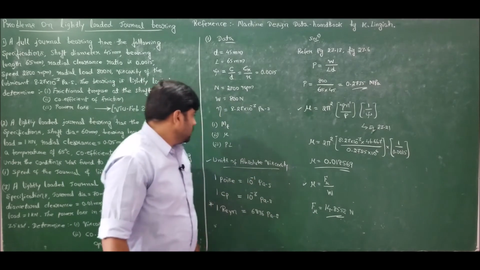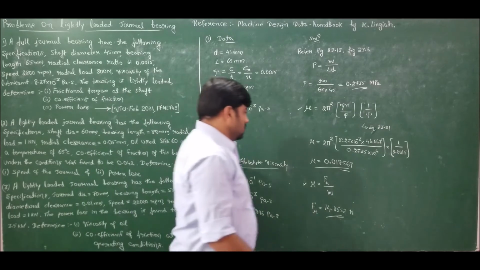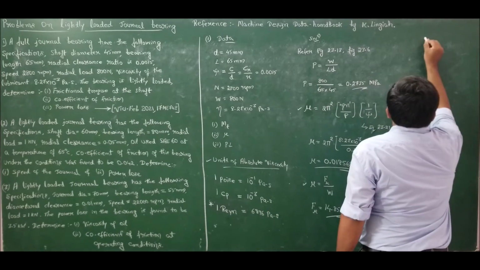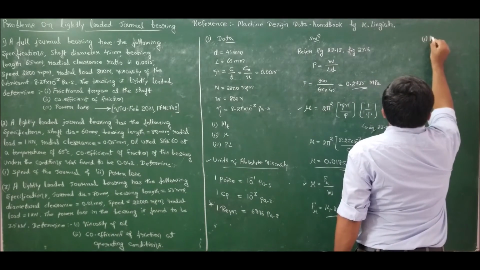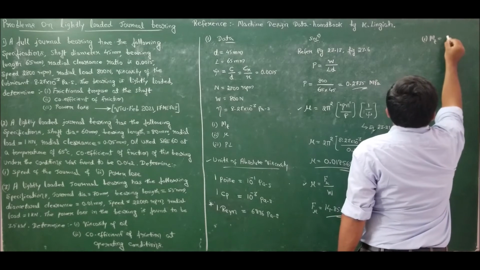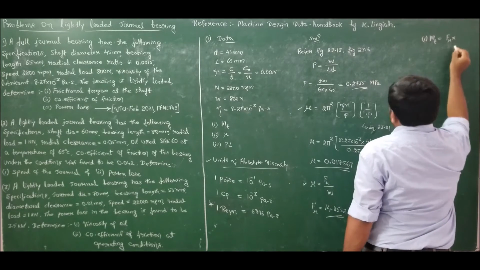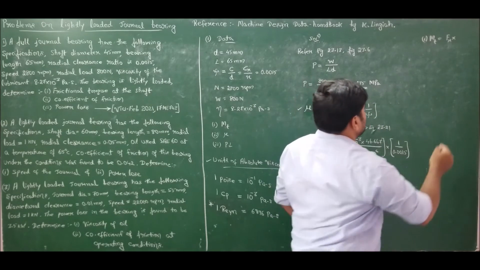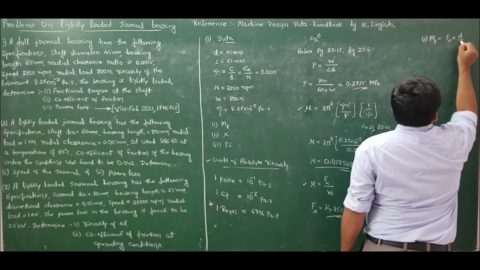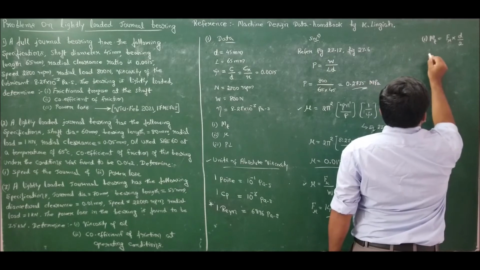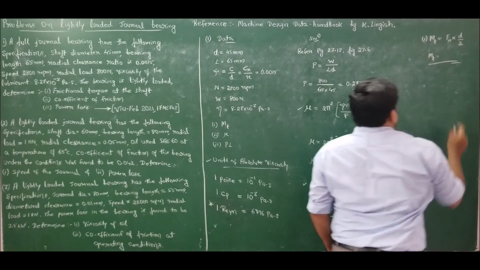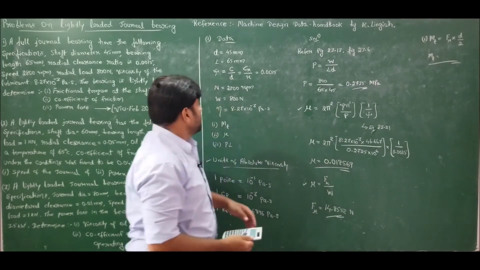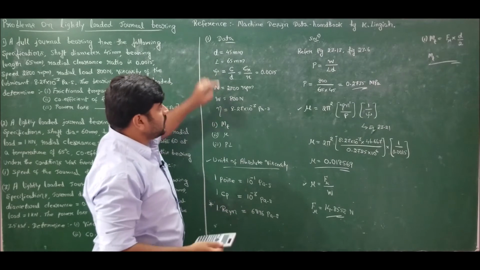Now I can find the frictional torque. We know that frictional torque is equal to frictional force into radius. Torque is equal to force times the radius. So therefore, F times d by 2. So how much will you get? Frictional force is known, diameter is also known, that is 45 mm.